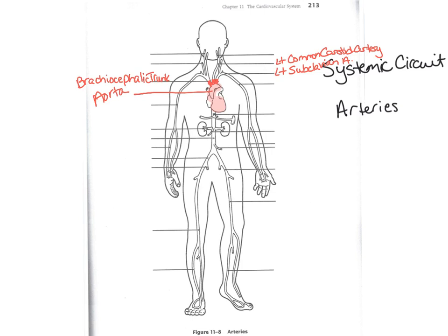All right, so let's take a look at the brachiocephalic trunk. The brachiocephalic trunk is going to divide, and its first division, we see it's going up into the neck there. That is called the right common carotid artery.